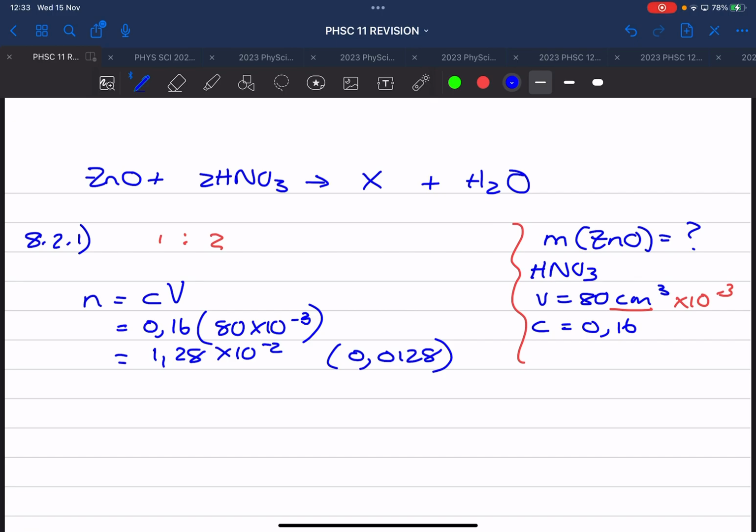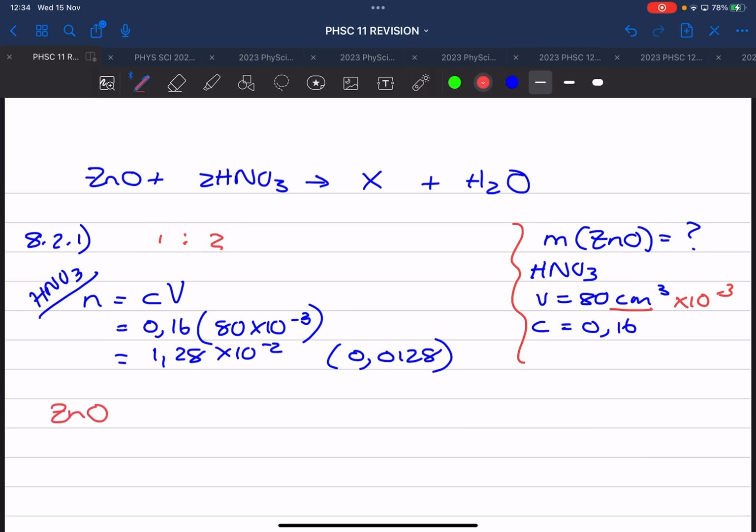Okay, so dit is presies die mol van wat? Van die salpetersuur. That's the nitric acid that I used. Nou wil ek weet, but how much did that eliminate? Die molverhouding is 2 tot 1, so I'm going to divide that by 2.